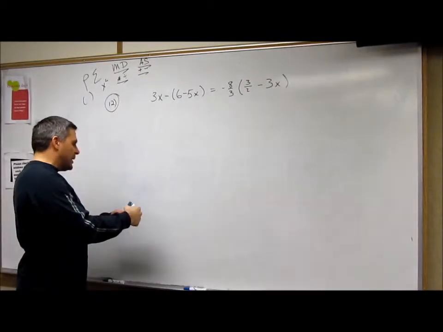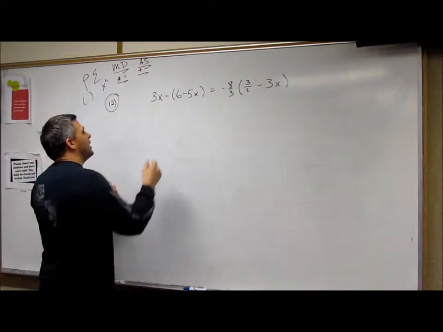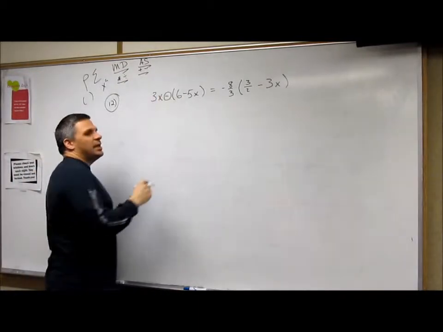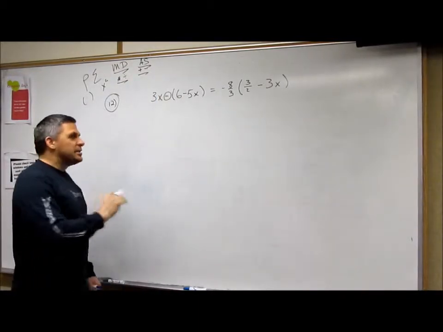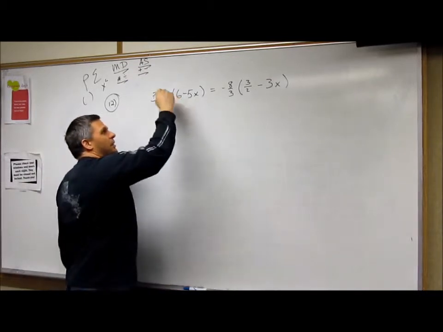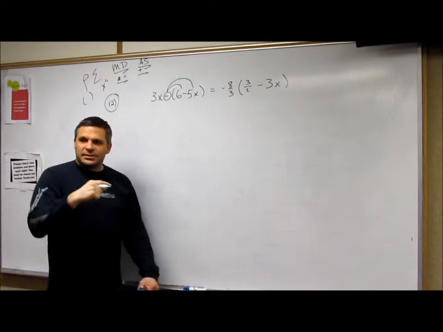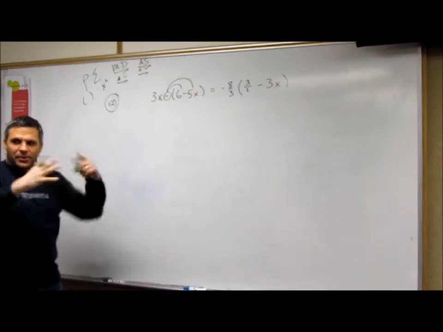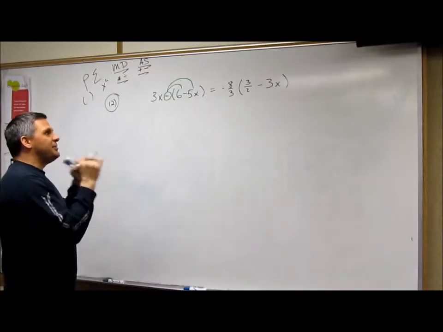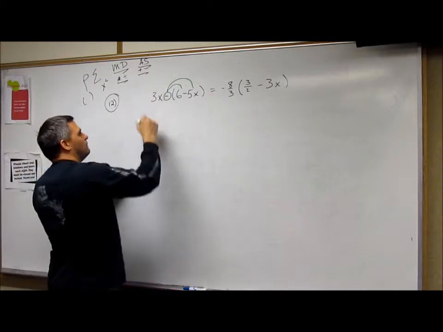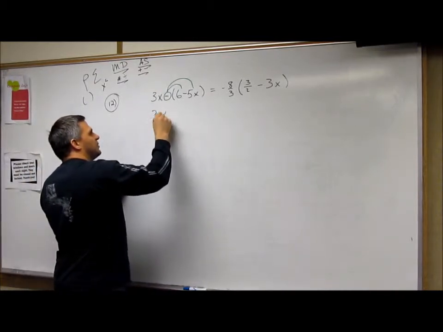So, as I come through, I see right away that this negative has to be multiplied through. So everybody in the parentheses gets that negative distributed to them. So this is 3x.